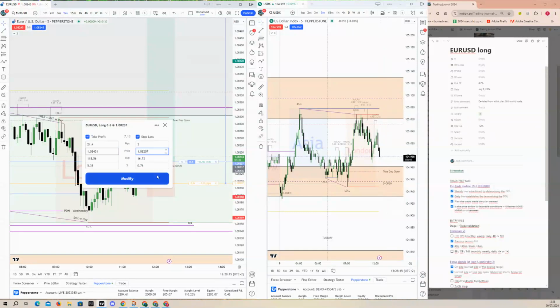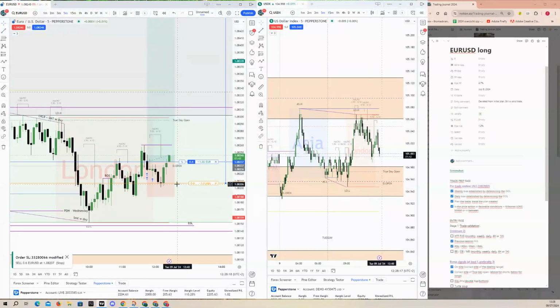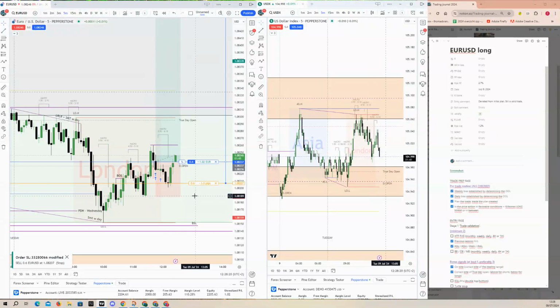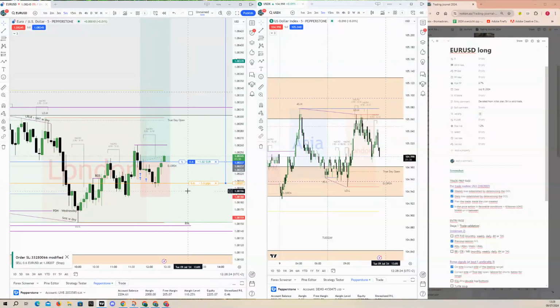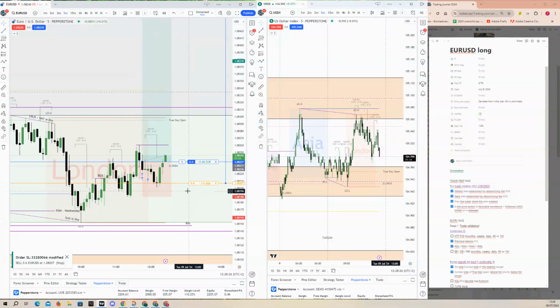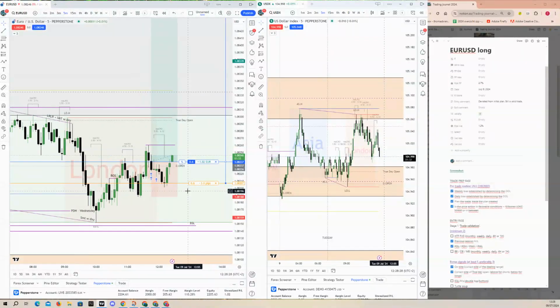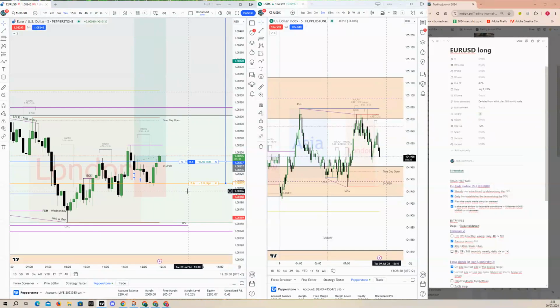So I'm not entirely confident about this trade, so I don't want to lose the full risk anymore. But anyway, it doesn't matter. The initial risk is always a risk you need to note down, so that won't change.